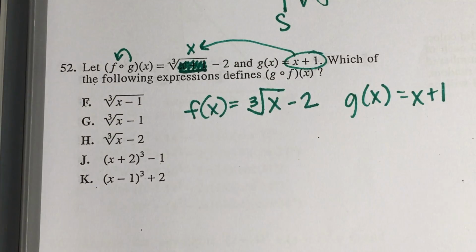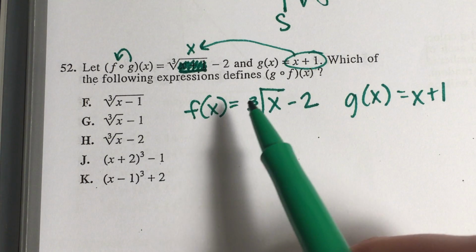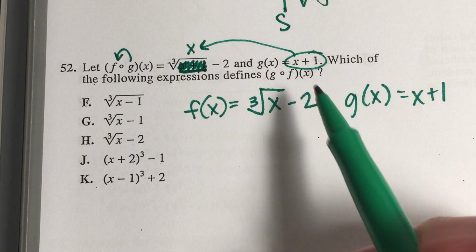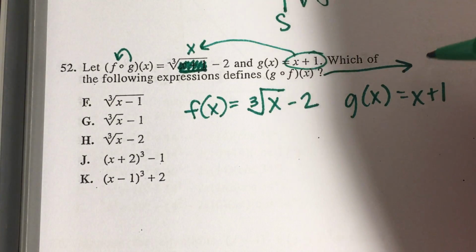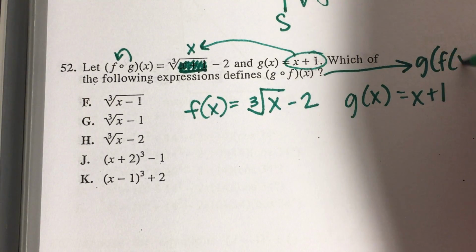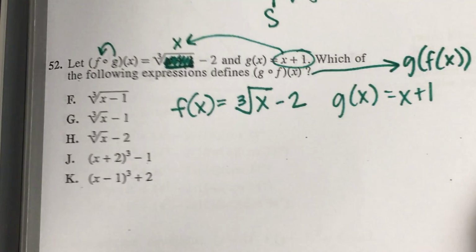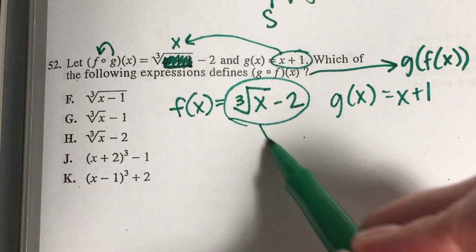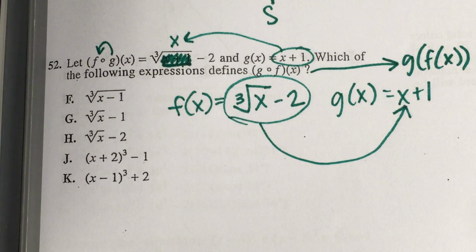We're going backwards. Then it says which of the following defines g of f of x. So we're going to take the f function and put it into the g function.